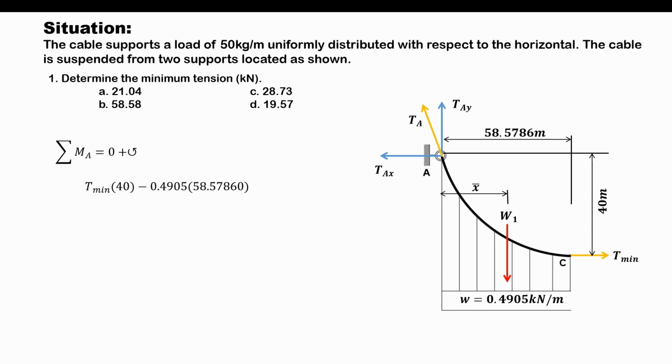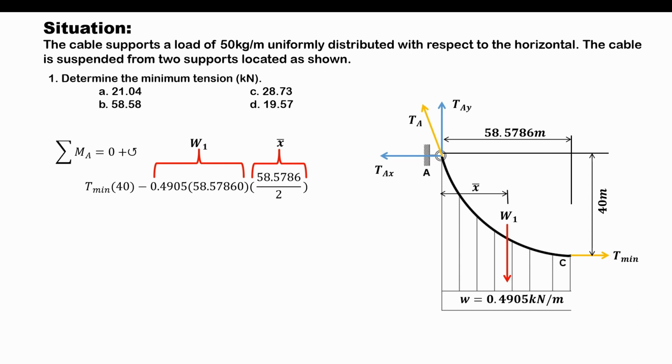58.5786, and this value is just the value of W1, multiplied by its moment arm, 58.5786 divided by 2, and this is the X bar.